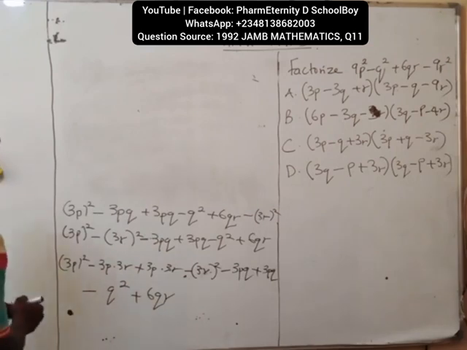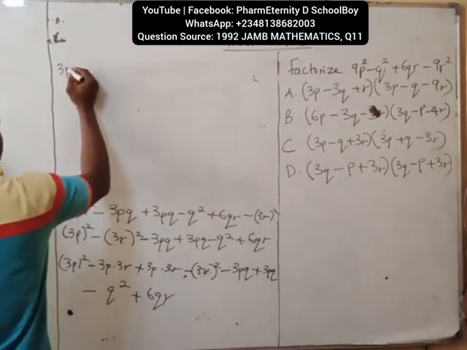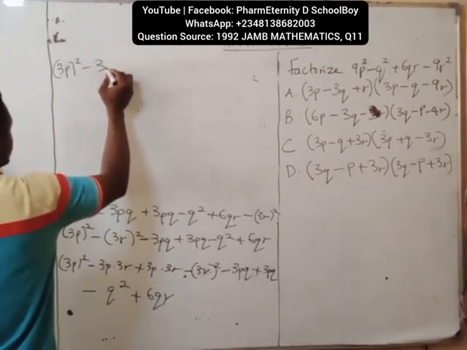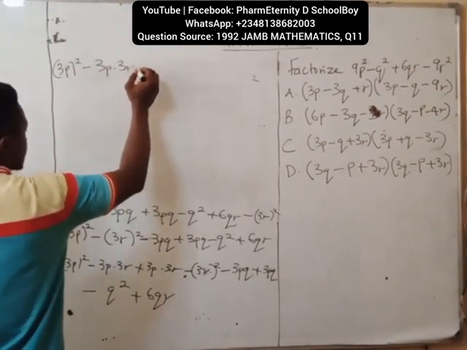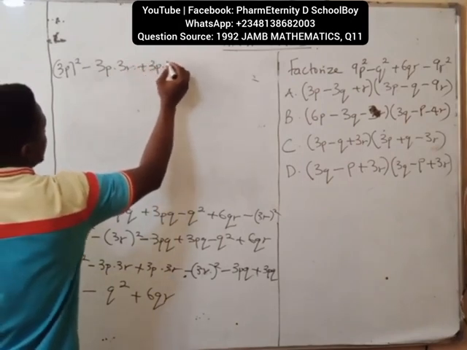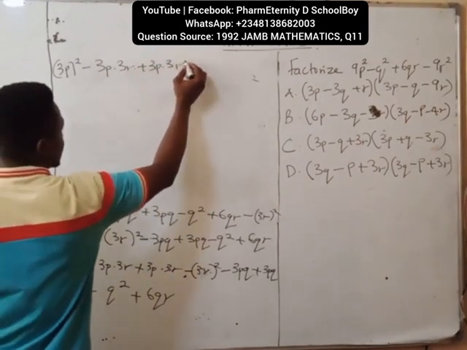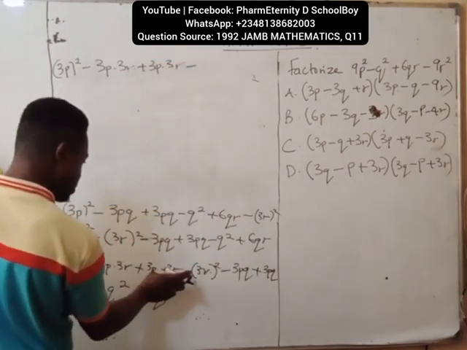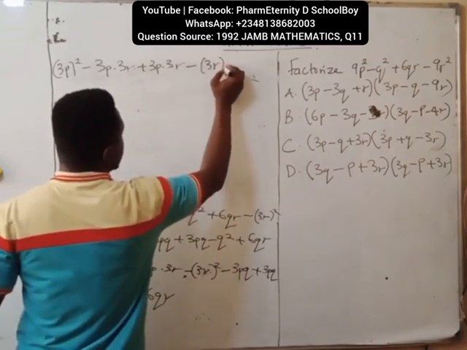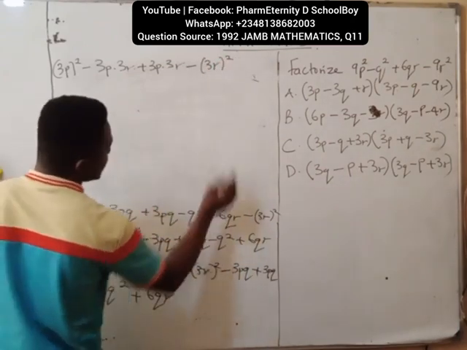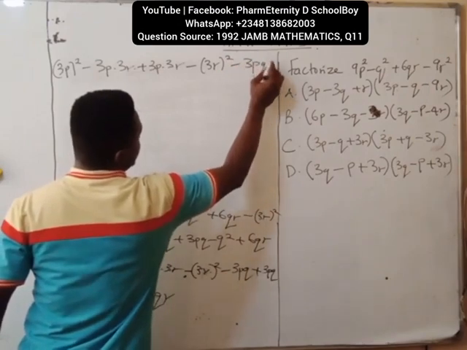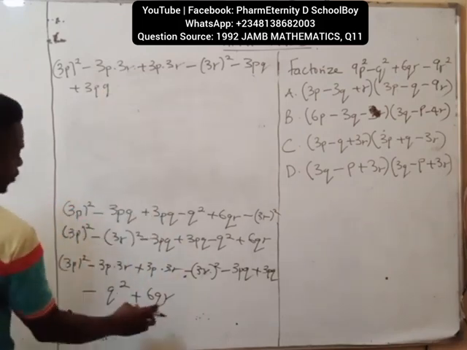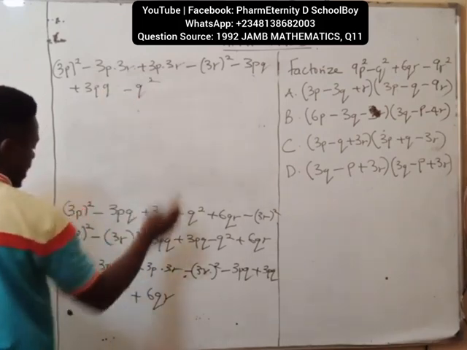So we now have (3p) squared minus 3p dot 3r plus 3p dot 3r minus (3r) squared minus 3pq plus 3pq minus q squared.